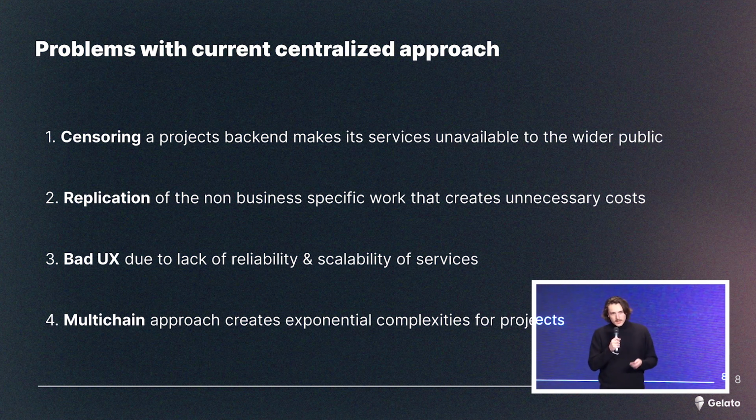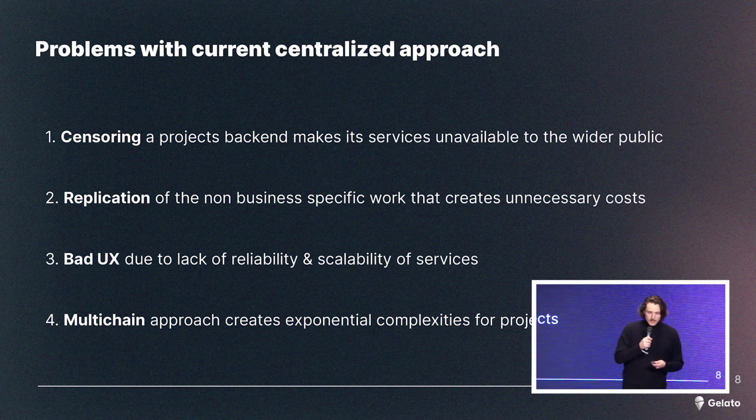Then you have a huge replication of non-business-specific work that every project has to do. They have to build their own infrastructure, run it, face the same issues, read the same blocks, query the same data. It's very redundant and replicative.